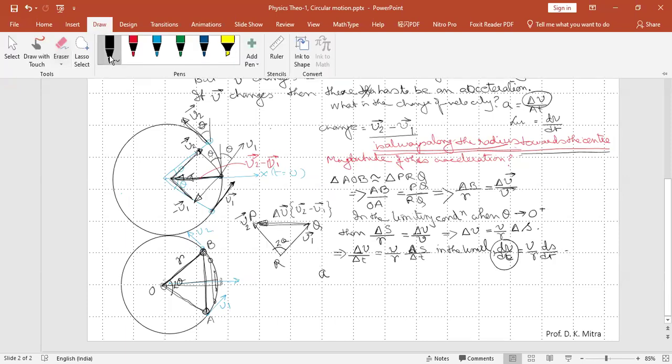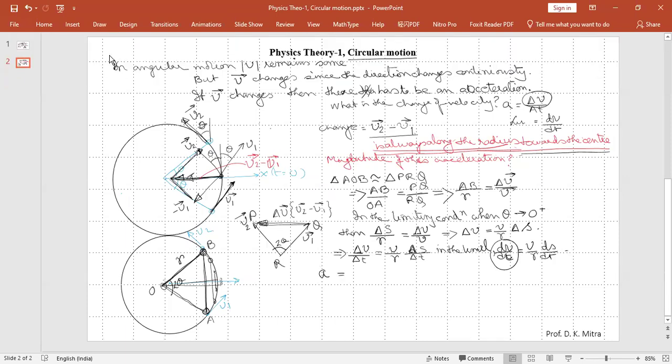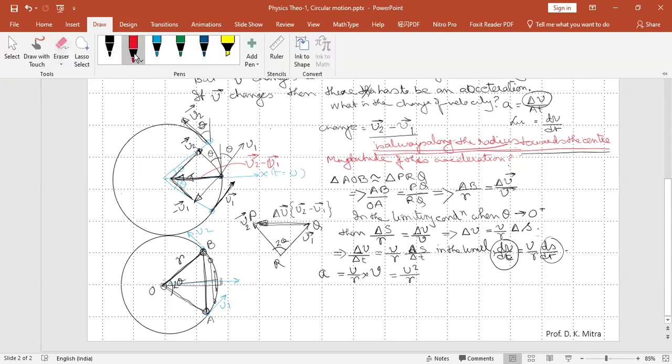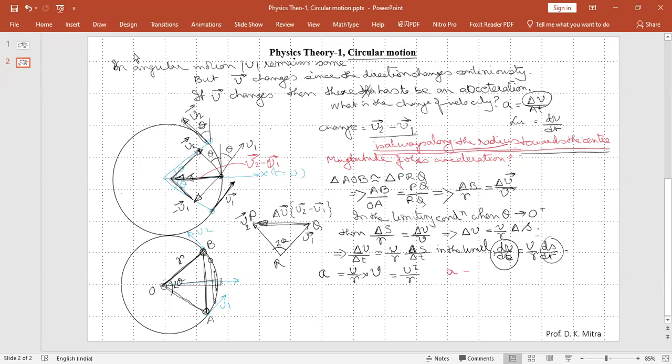So acceleration A is equal to V by R multiplied by ds by dt, which is the velocity. So this is equal to v square by r. So acceleration, which is directed towards the center, has magnitude v square by r.